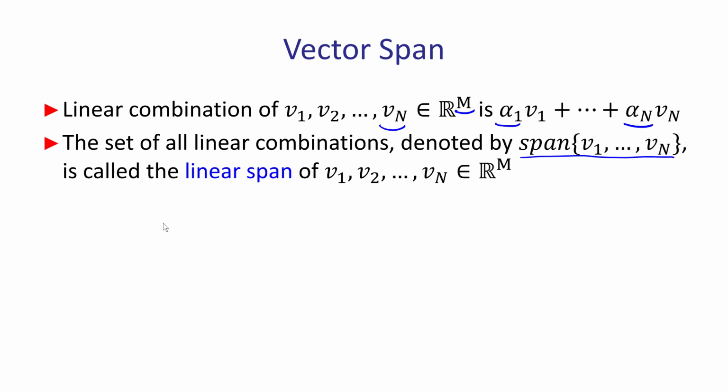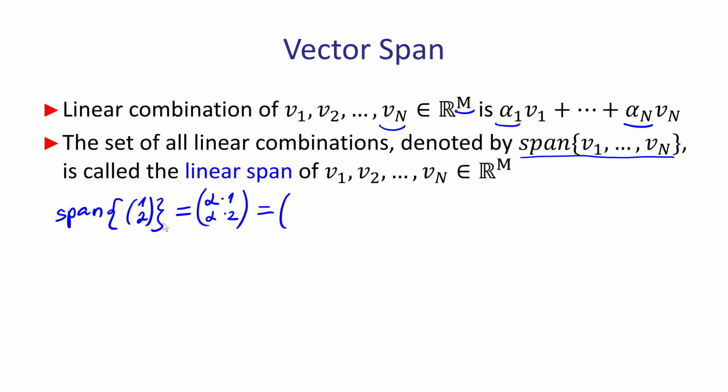Let's take a few examples. For example, span of the vector 1, 2 is just all possible linear combinations of that vector, which is vectors alpha multiplied by 1 and alpha multiplied by 2.